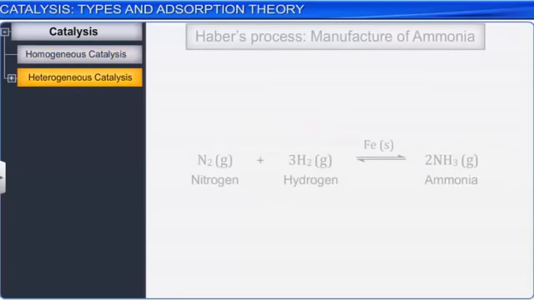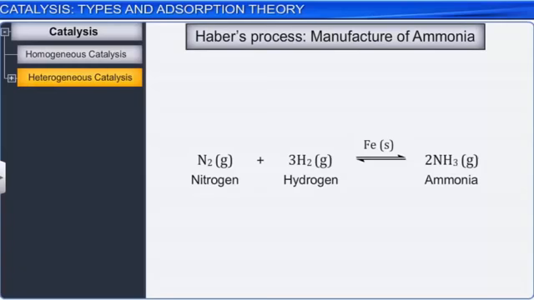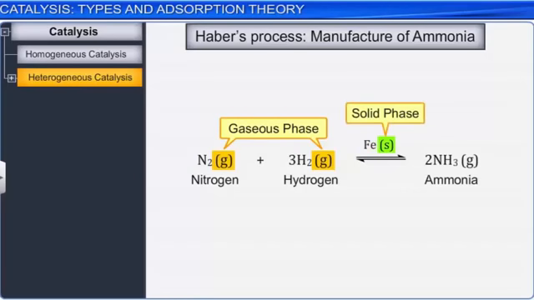Consider the manufacture of ammonia by Haber's process. Both the reactants, nitrogen and hydrogen, are in the gaseous phase, and the catalyst, iron, is in the solid phase. A reaction where the catalyst involved in the reaction is in a different phase than that of the reactants is known as heterogeneous catalysis.